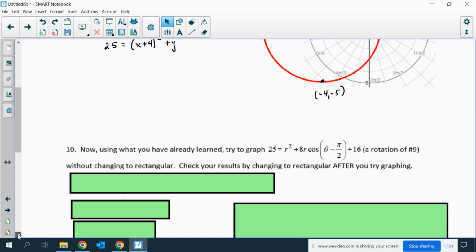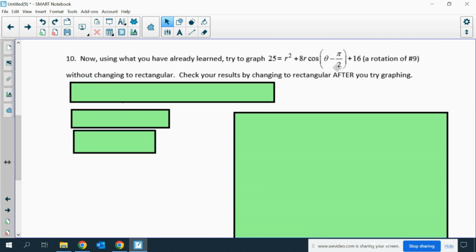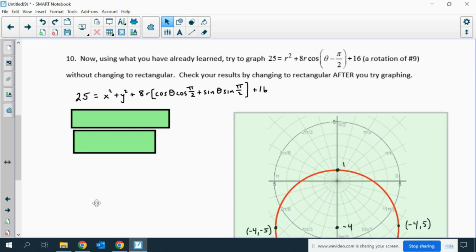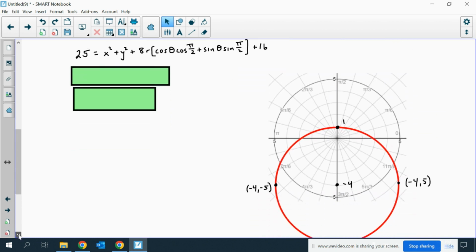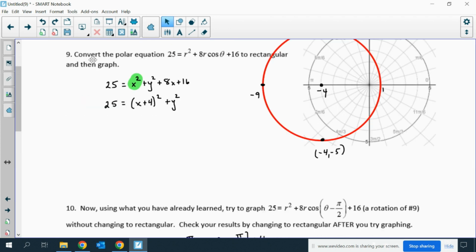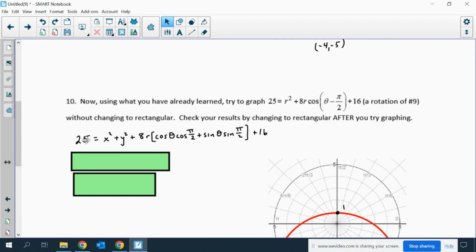Now, using what we've already learned, all we're going to do is see that I have a pi halves counterclockwise rotation. So this is my thought. It's going to rotate counterclockwise to get me down here from this original graph. So I accidentally put this visible a little too early, but basically I use the cosine cofunction identity, which changes the sign.